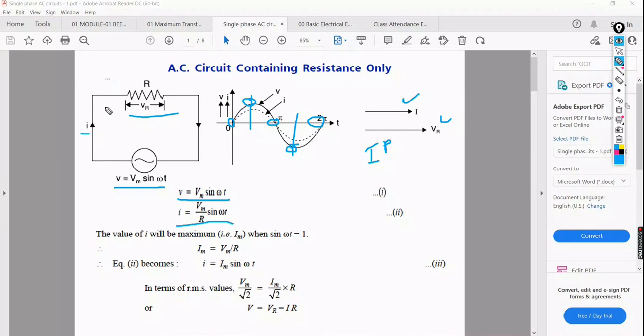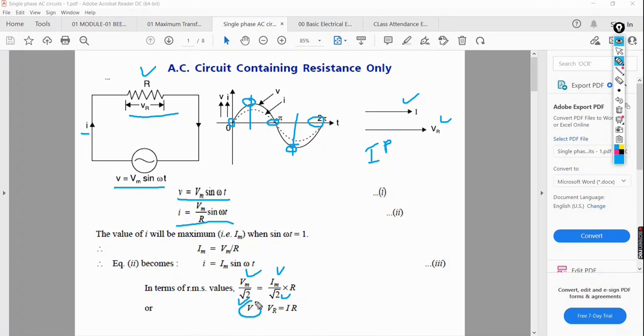That is with respect to pure resistance. Whenever you apply the input voltage V equal to Vm sine omega t, there will be a necessity to evaluate the RMS value. Im is equal to Vm divided by R, I is equal to Im sine omega t. RMS value of the voltage is Vm by root 2, and of the current is Im by root 2.